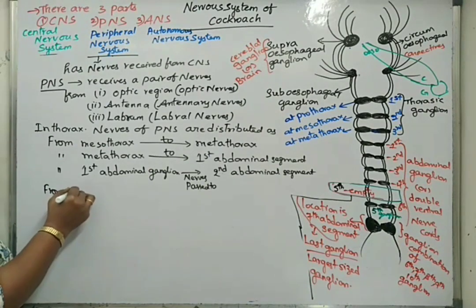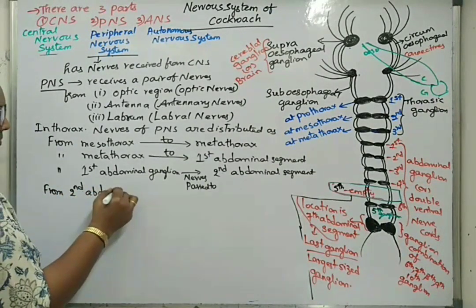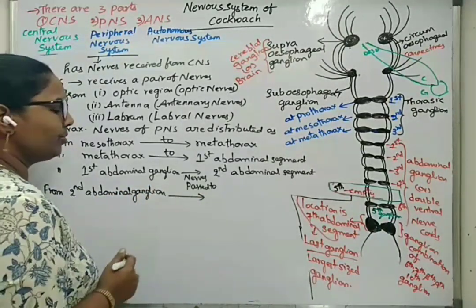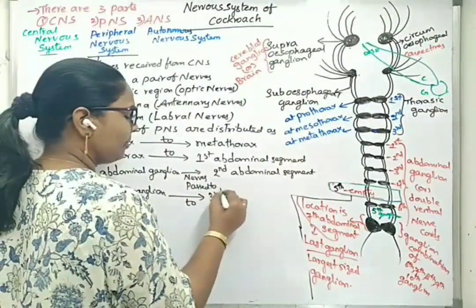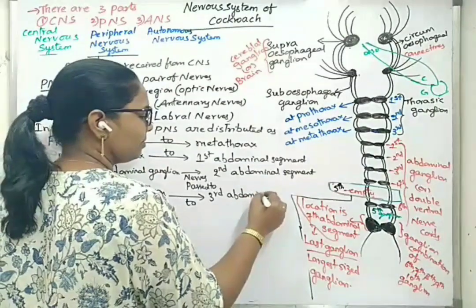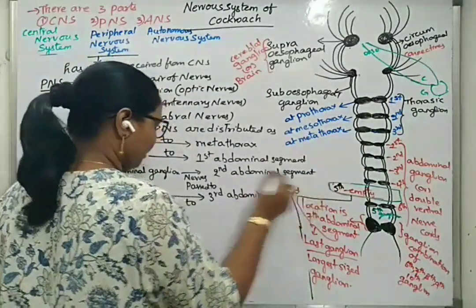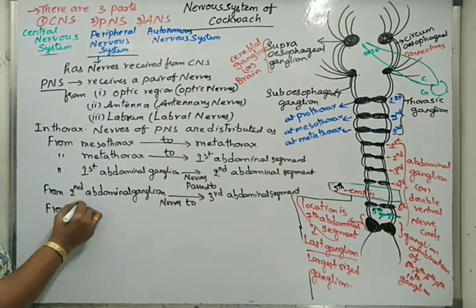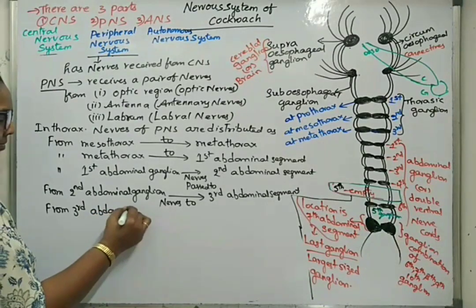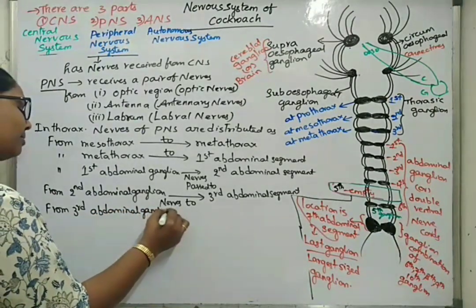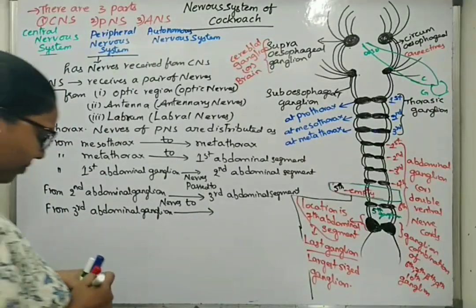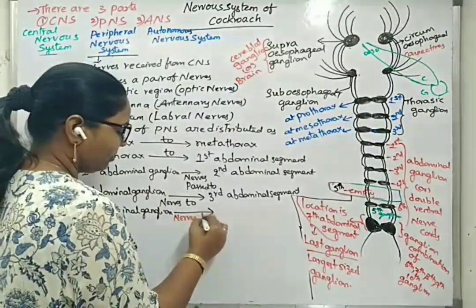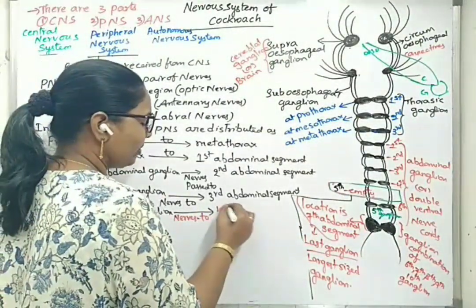Again, from the second abdominal ganglion, nerves passed to the third abdominal segment. Again, from the third abdominal ganglion, nerves passed to the fourth abdominal segment.